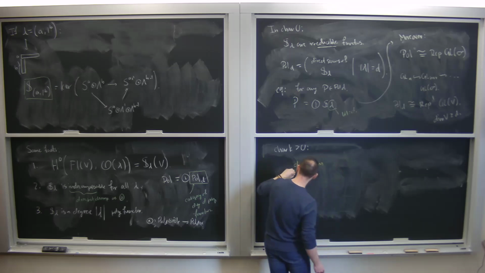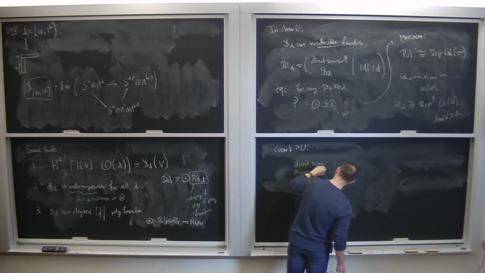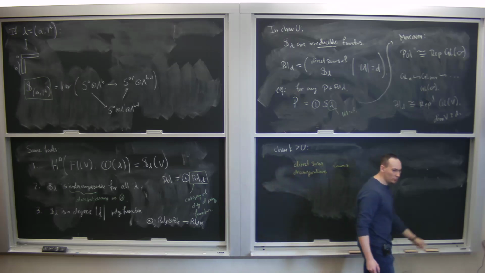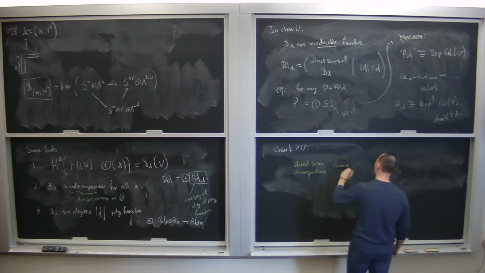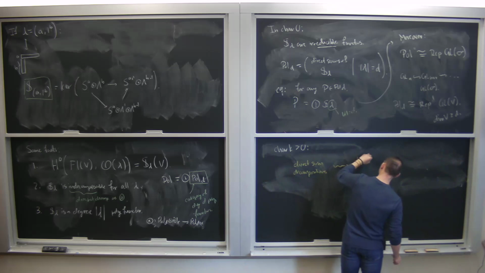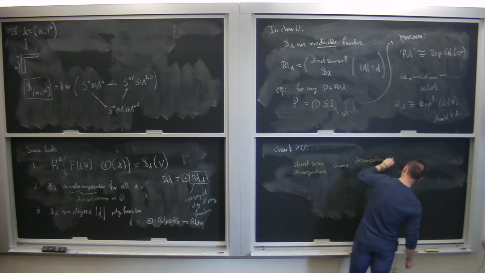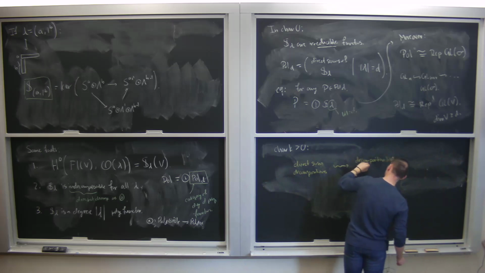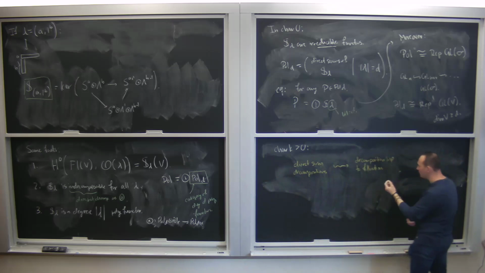Instead of asking for direct sum decompositions, this is way too much to ask for in general. You're really only asking for decomposition up to filtration. So this should be replaced with decomposition, as I've just said, up to filtration. And I'll do some examples to tell you a little bit more about what that means.